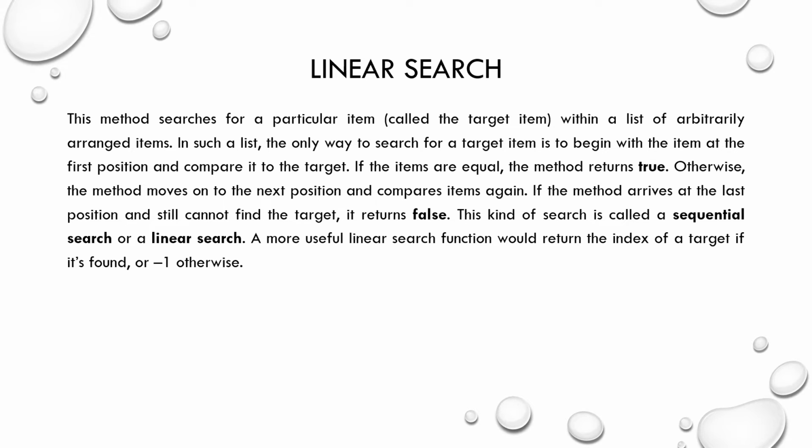Okay, how does this method search for a particular item, called the target item? We are searching for an item, called the target item, within a list of arbitrarily arranged items.